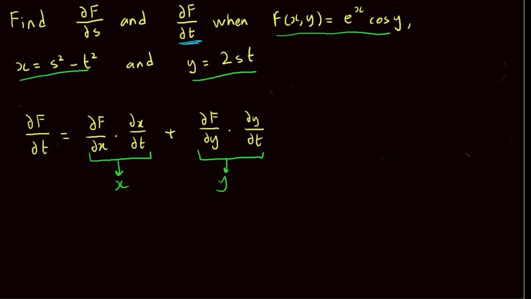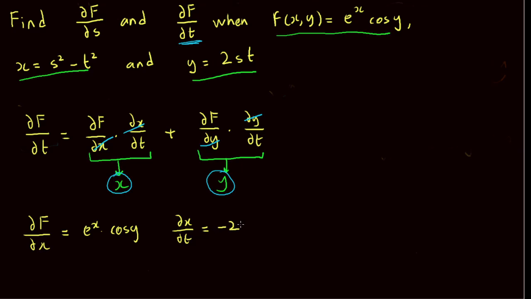So you get two parts of del f del t, one due to x, another due to y. Let's proceed. So we have del f del x, which I think we already did last time, is just e to the power of x cos y. Del x del t was just negative 2t.